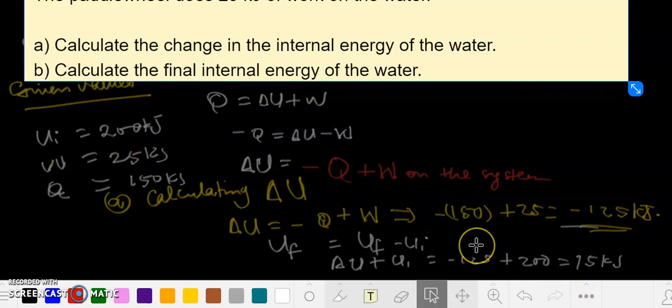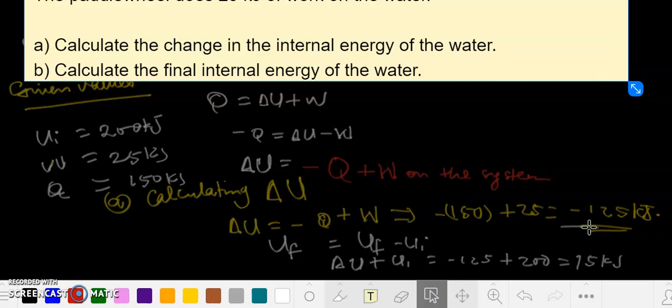And this is how we deal with the equations on calculating the change, the work done, whether the work is done on the system or by the system. Things to remember: the change in the internal energy of water, as we got negative 125 kilojoules, the negative sign means that it has lost 125 kilojoules.